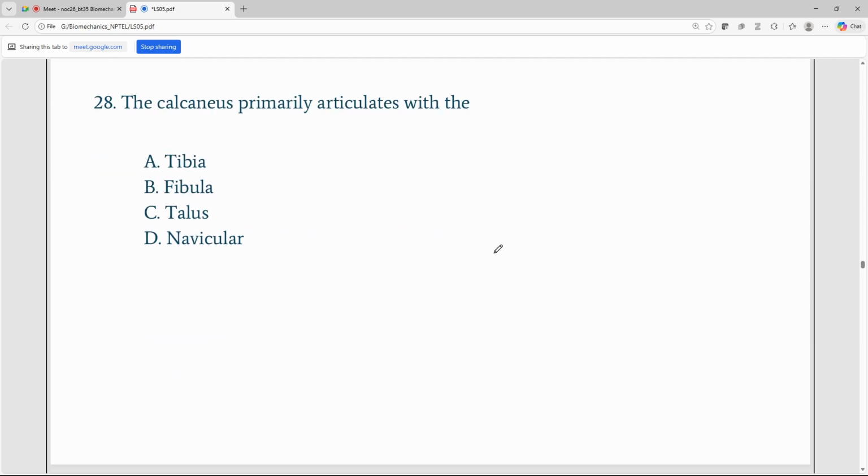Next question. The calcaneus primarily articulates with which of the following bones? Options are option A, tibia, option B, fibula, option C, talus, option D, navicular.